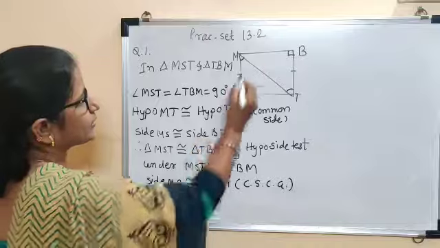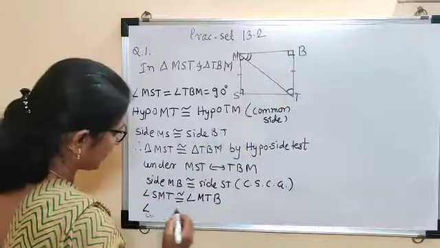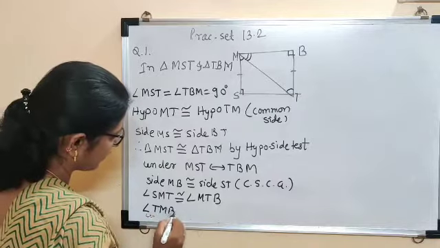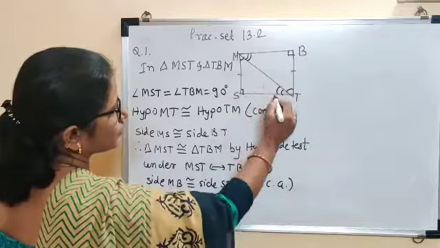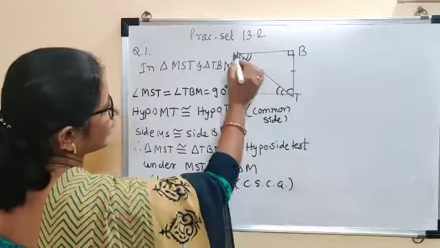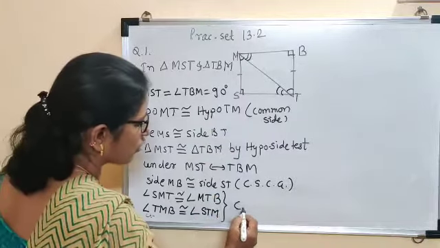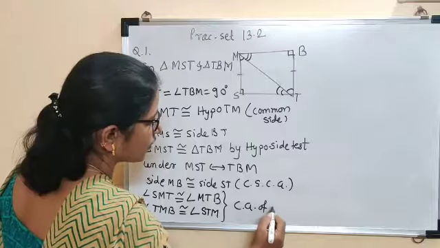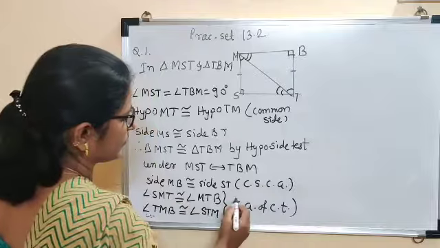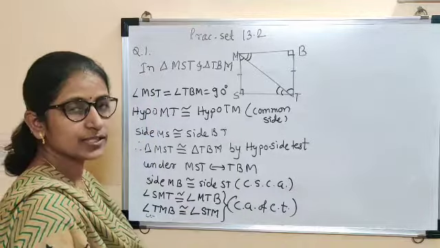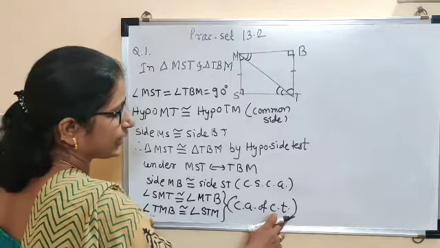And one more angle is this one, angle TMB, congruent to angle STM. This is called congruent angles of congruent triangles, CACT.